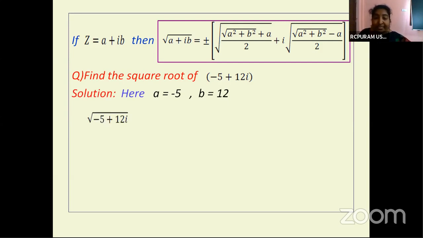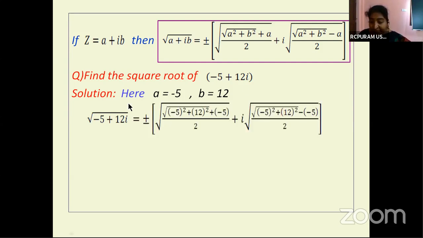So root of minus 5 plus 12i is equal to plus or minus square root of root of minus 5 whole square plus 12 square plus of minus 5 divided by 2, plus i into root of root of minus 5 whole square plus 12 whole square minus of minus 5 divided by 2. I want you to pay some attention to this formula.